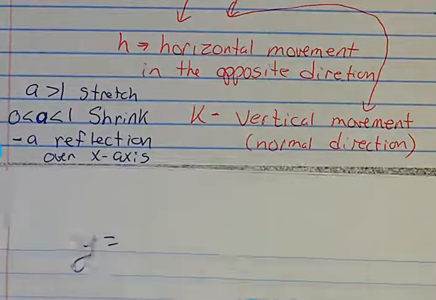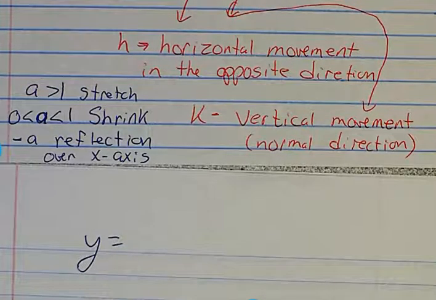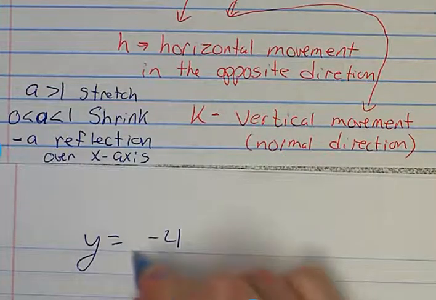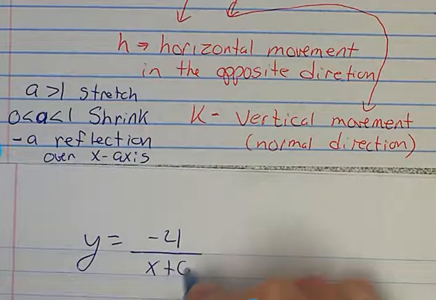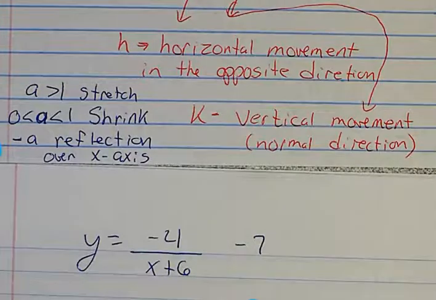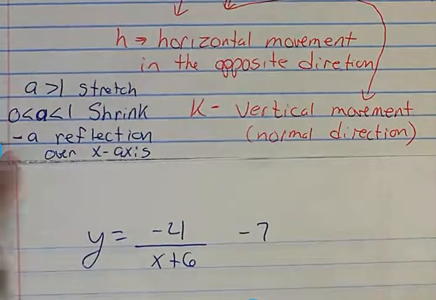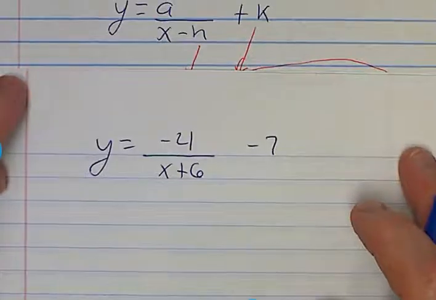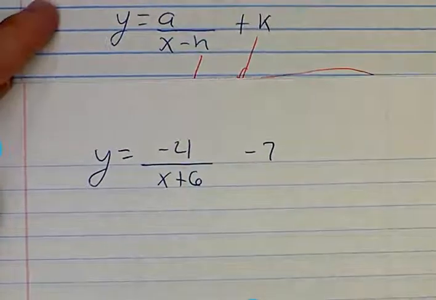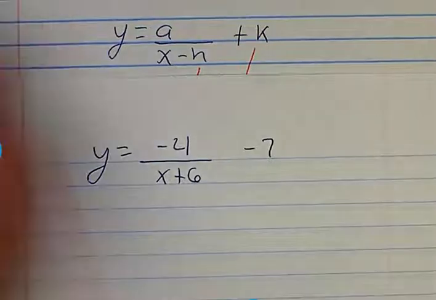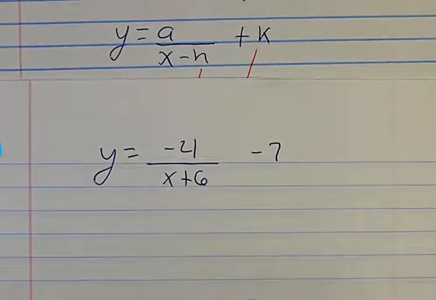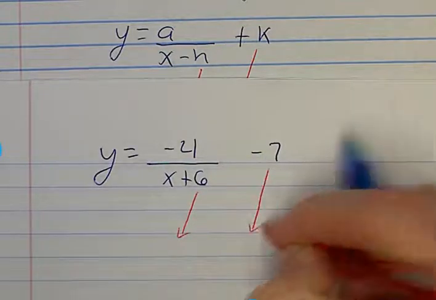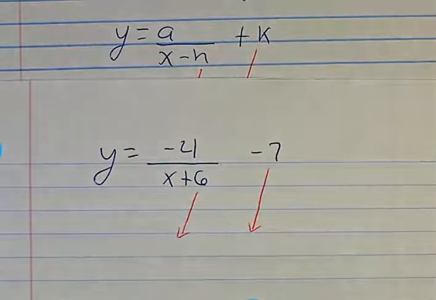So let's do y equals -4 over x plus 6, minus 7. This one might actually be a little better because you can see the real numbers on it.